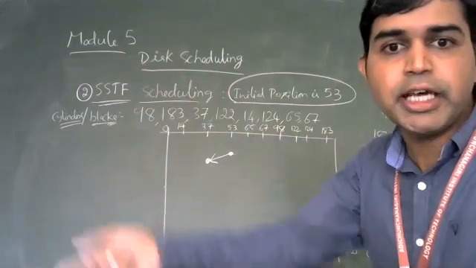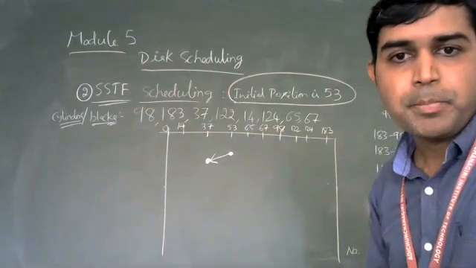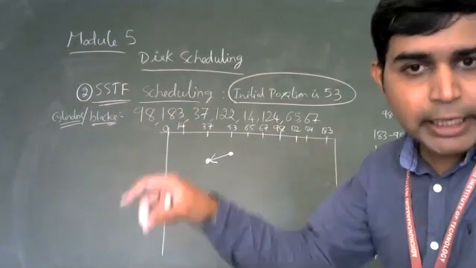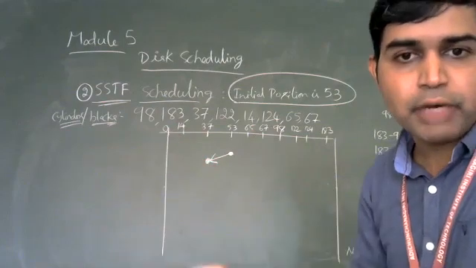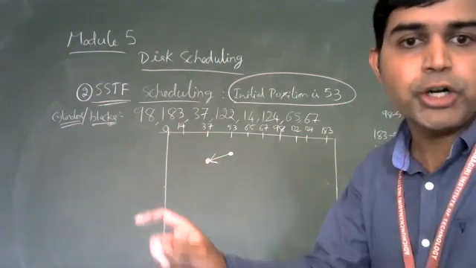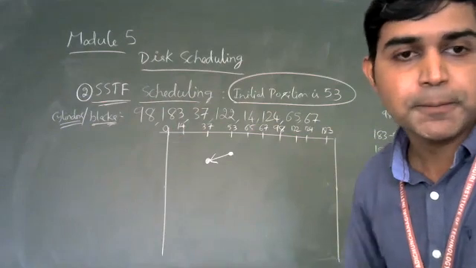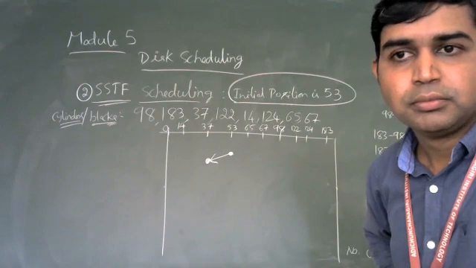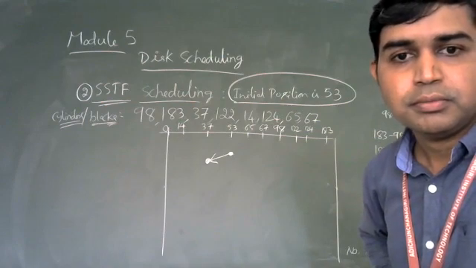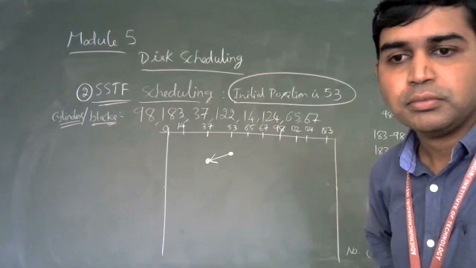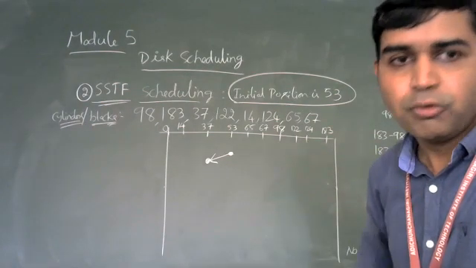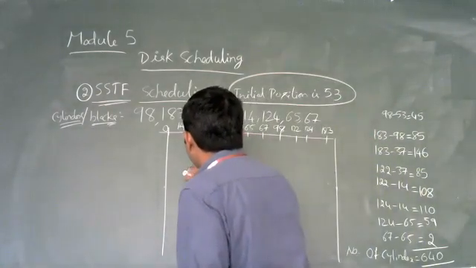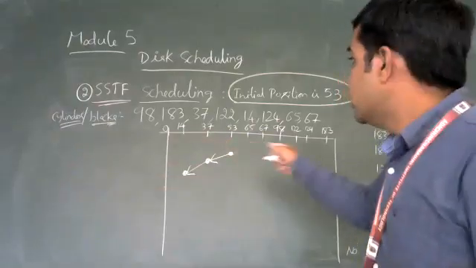From 37, which is near? 37 to 98, 37 to 183, 37 to 14, 37 to 122, which is near to 37? 14. 14 is near, correct? So we have moved from 37 to 14.